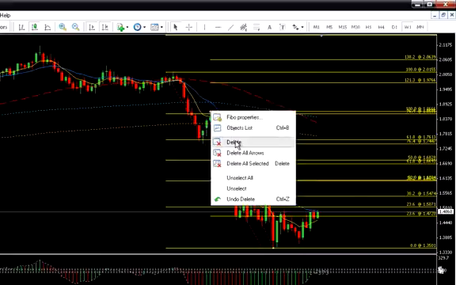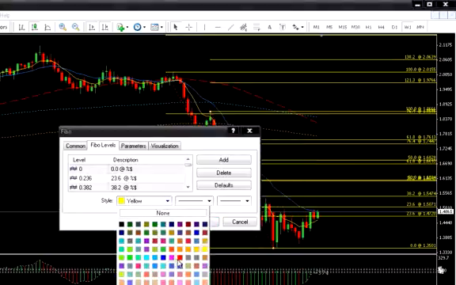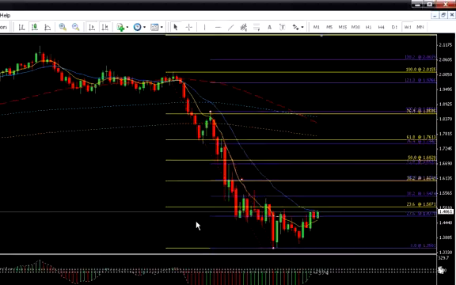That's the thing I do. So I've got a color scheme that I use for longer time and shorter term Fibonaccis. Now I'll make that purple for the weekly.